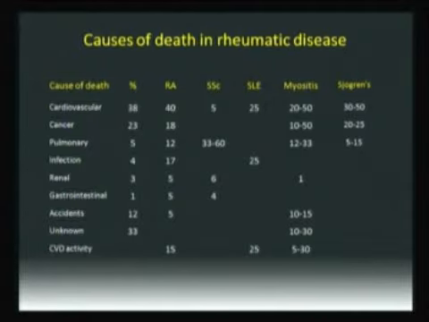That's why when you pick up by chance, in a patient with connective tissue disease, an abnormal high-resolution CT scan, you should worry. Because it's very likely that that abnormality is going to be the cause of death in that patient.